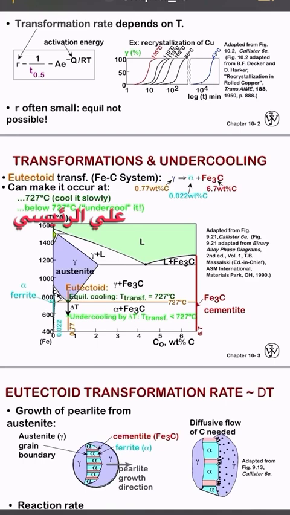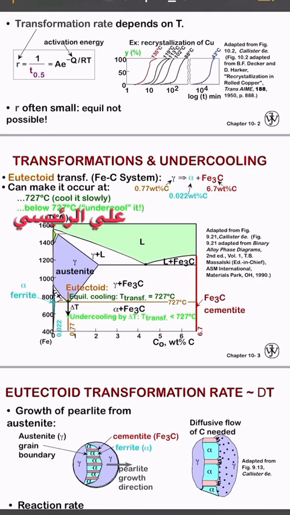So you can see below it has 727 degrees Celsius; as it cooled and reached 727 degrees C, it transforms to ferrite and cementite, according to what is written in the slide.